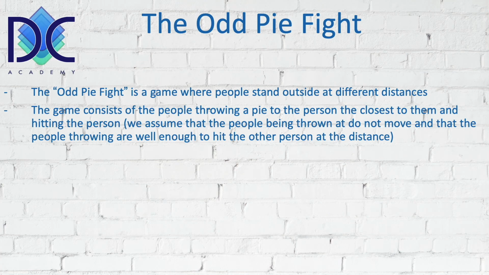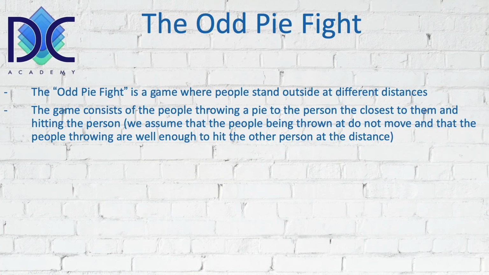And we look at people who have a pie and they throw the pie to the person closest to them. And of course, we assume that they will hit the person with the pie. We assume that the people throwing are doing that properly, they're good at it, and the people who get a pie thrown at them don't move, otherwise it would be a different game.